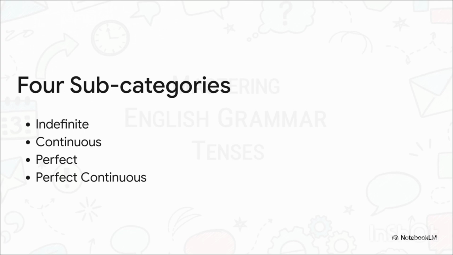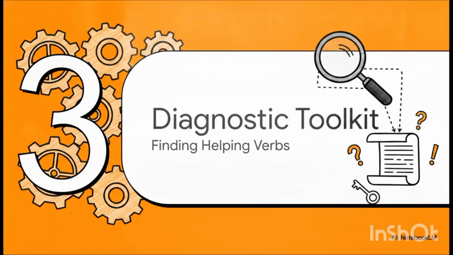A present time frame has an indefinite, a past time frame has an indefinite, and the future time frame has an indefinite. It's just 3 main time frames multiplied by 4 subcategories, which gives us our beautifully contained number of 12. Simple math, right?